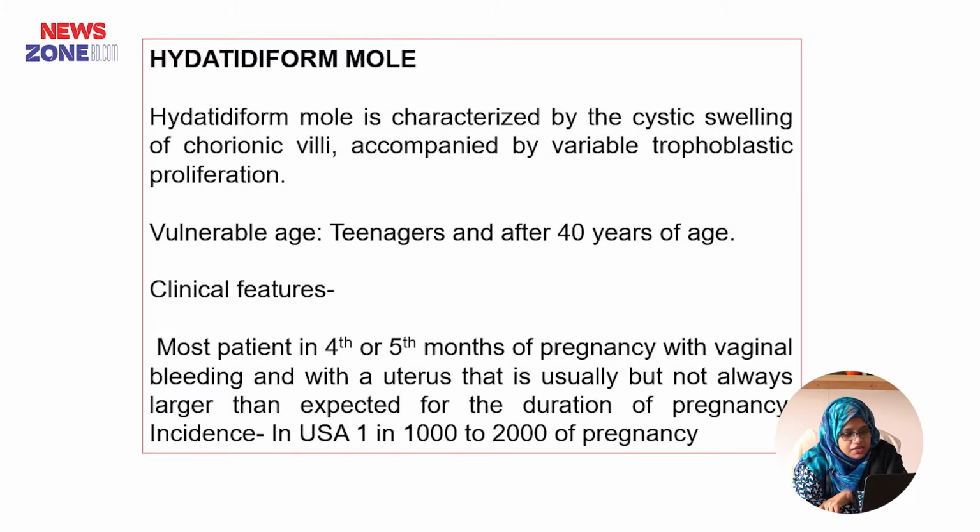Clinically, the patient may present in the 4th or 5th month of pregnancy with vaginal bleeding and with a uterus that is usually but not always larger than expected for the duration of the pregnancy. The incidence in the USA is 1 in 1000 to 2000 pregnancies.